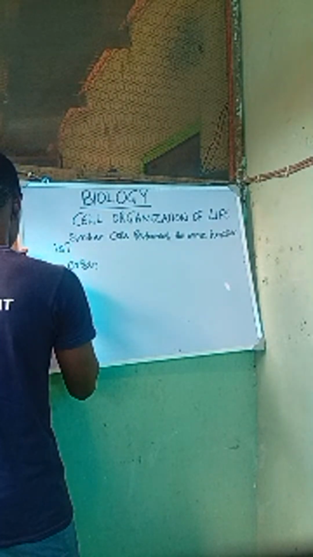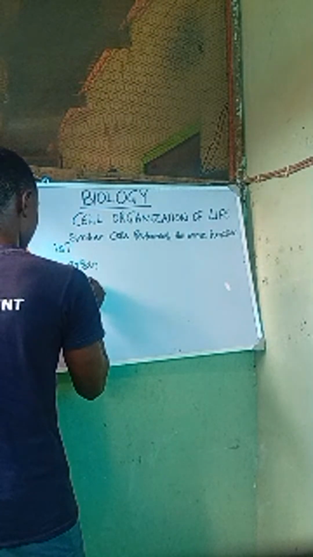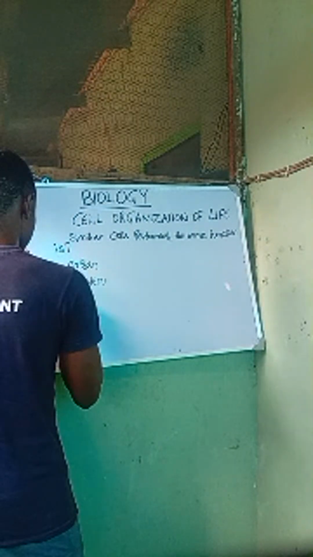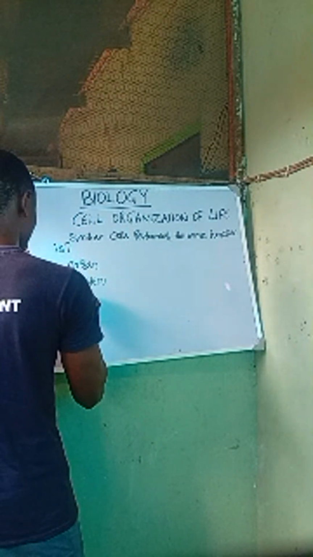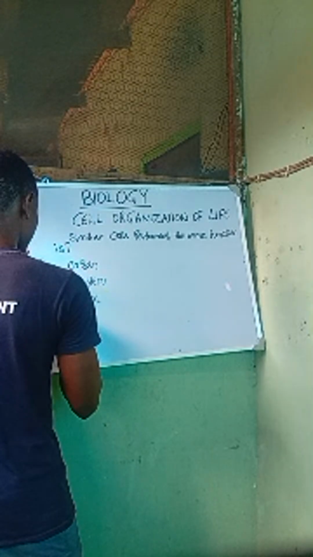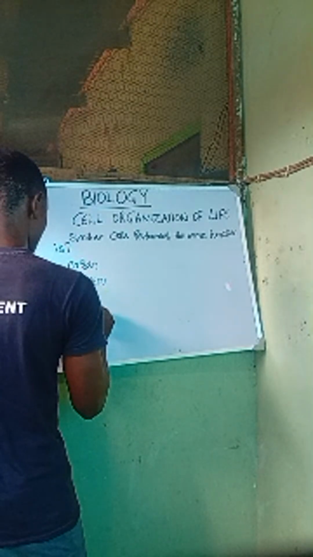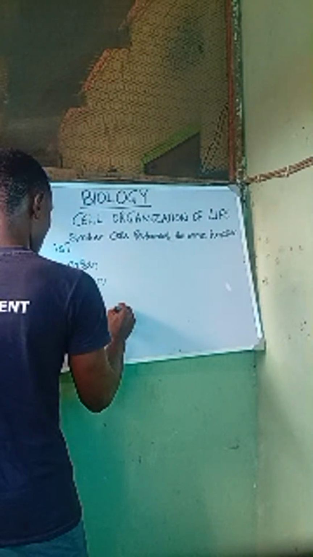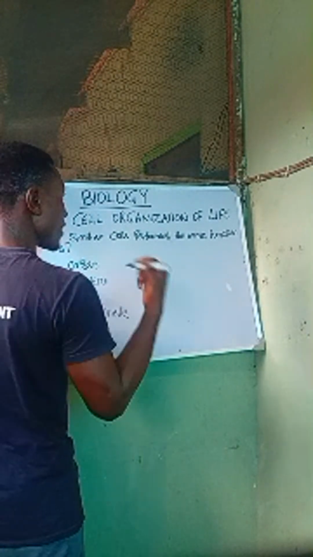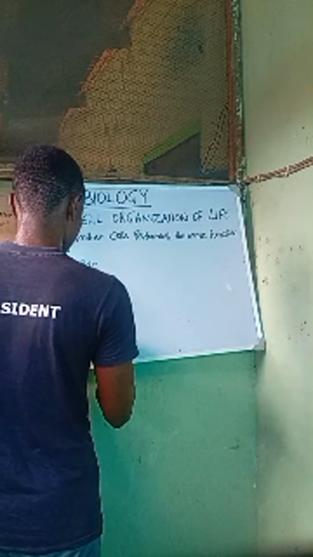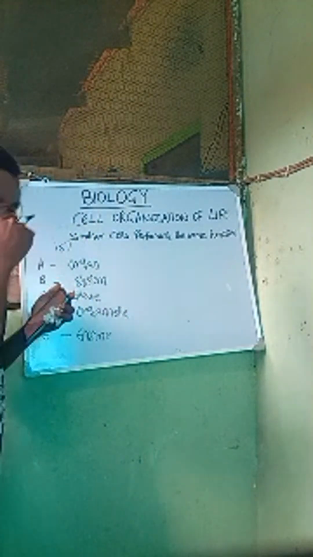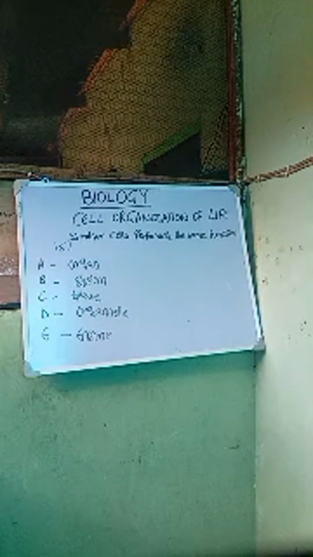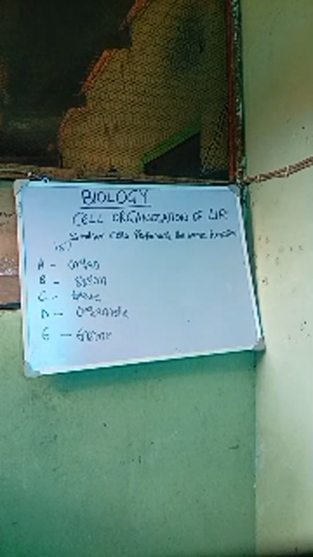B, system. C, tissue. D, organelle, and E, which is something very abstract, enzyme.